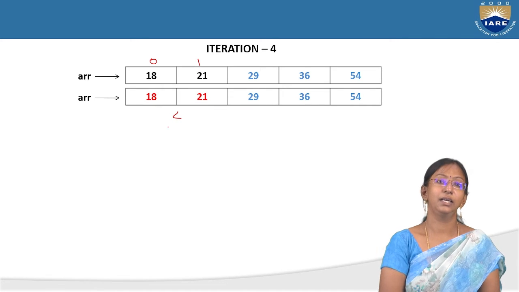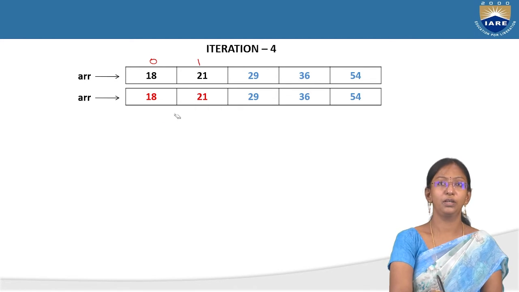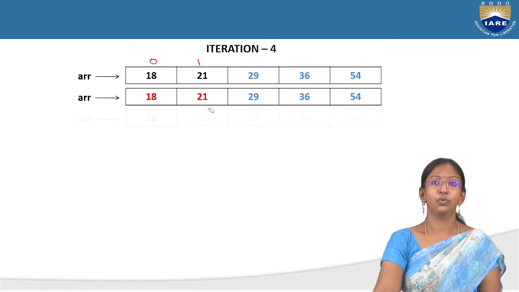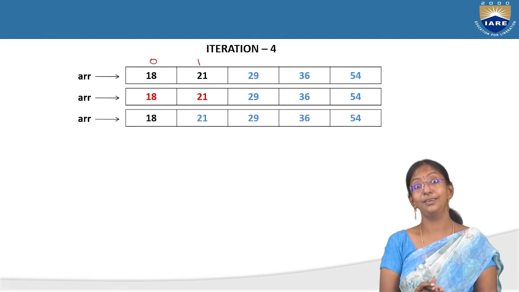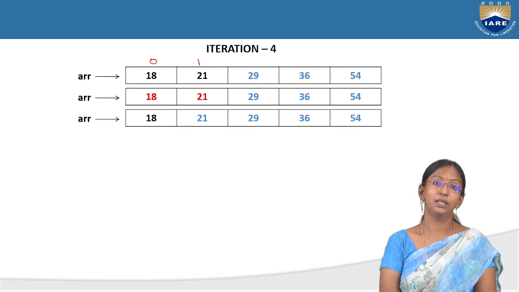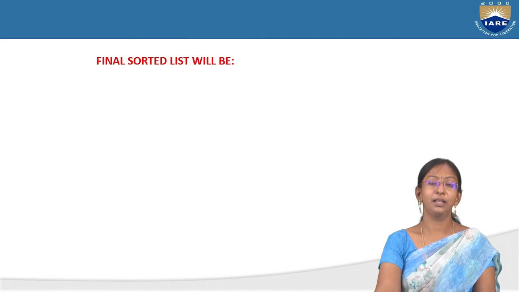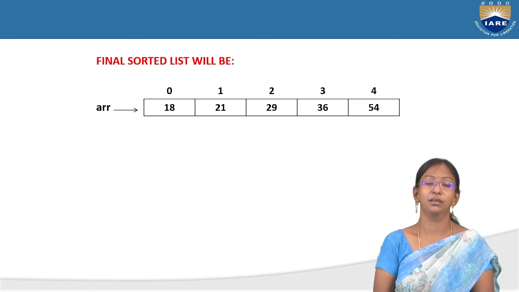Is 18 less than 21? Yes, the condition is satisfied, so you need not swap. Now you can see that we reach the end of the list and 21 is the fourth largest element in your list. Even that is frozen. So we can say that the final list is sorted.